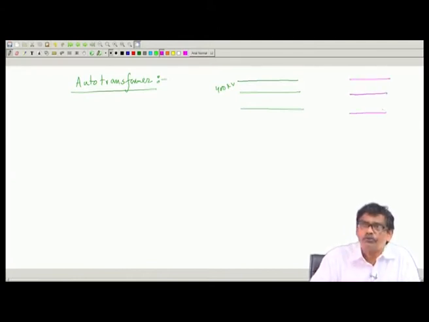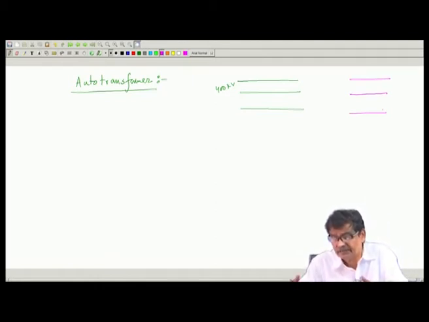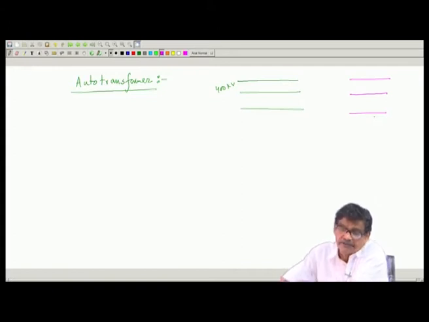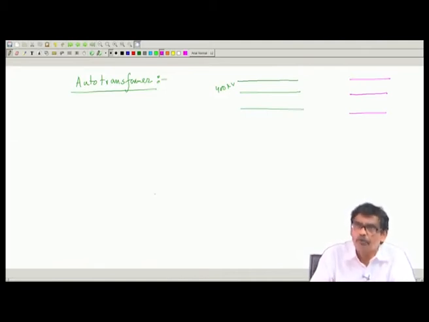This is supposed to be also 400 kV, and you know these power lines will ultimately be connected in parallel. Suppose this is A phase, B phase, C phase, and A phase, B phase, C phase coming from the western region grid, and this is coming from the eastern region grid, and loads are connected in both systems, but I want to make them common members. That is okay, power may go when there is deficiency in power generation in the western grid, perhaps this grid will supply power, and vice versa.